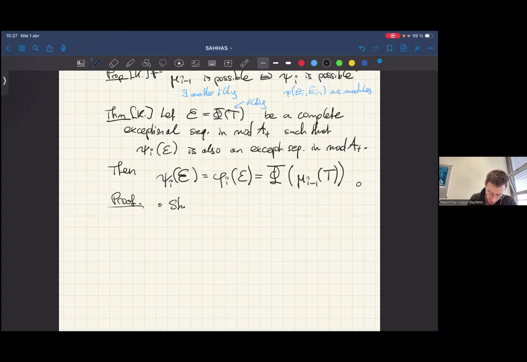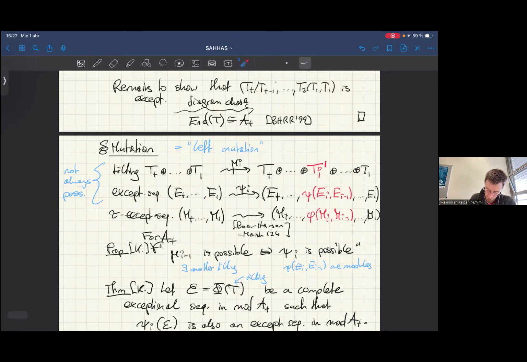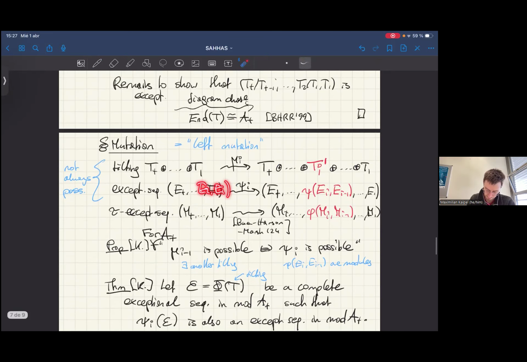You can first show that this is true for I equals 2. So this means showing it for the rightmost pair, so for the pair E2 and E1.